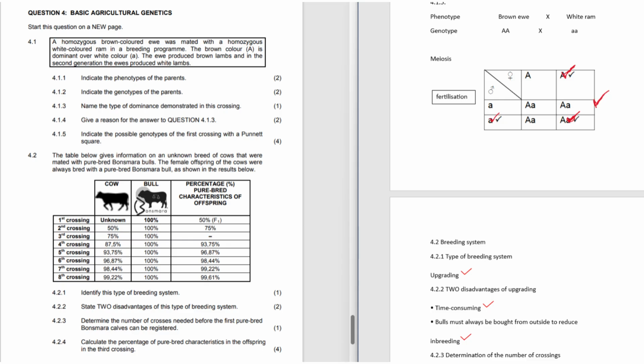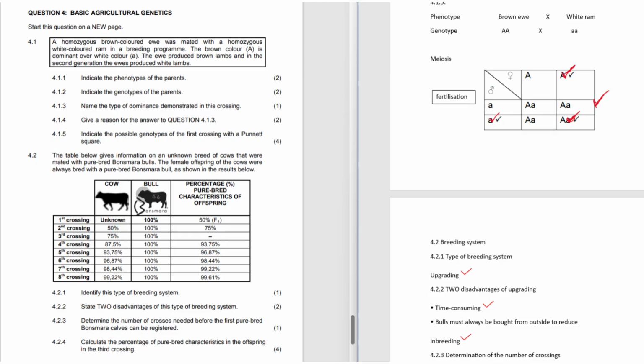It is a heterozygous offspring. As you can see, for box 1, 2, 3, 4, all of our offspring have a heterozygous condition, a dominant allele and a recessive allele.